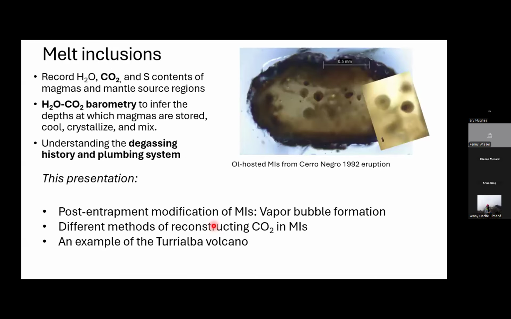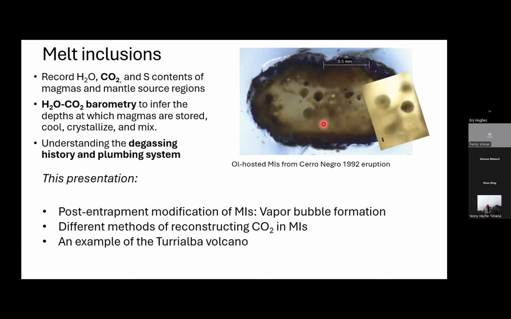Basically, melt inclusions are little melt parcels entrapped inside the crystal during crystal growth. Very often, the volatile contents of melt inclusions are used to represent the magmatic volatile contents, calculate the total volatile fluxes, and infer the mantle source concentration.